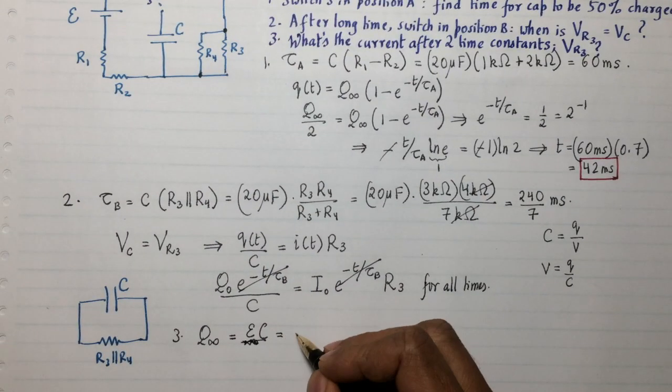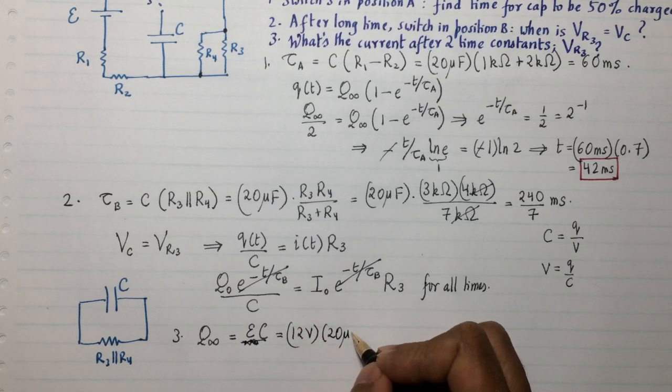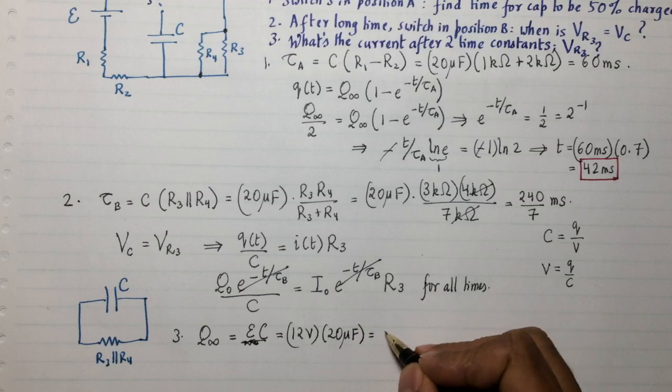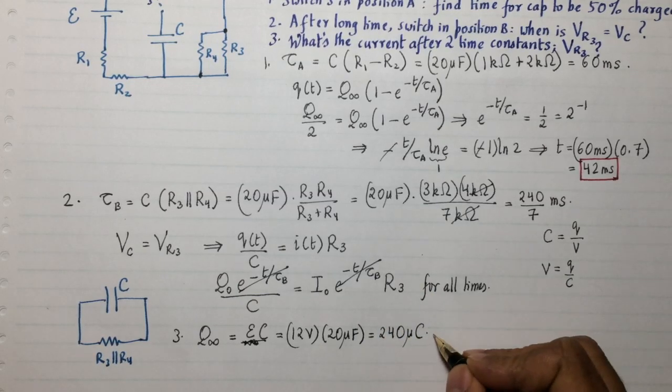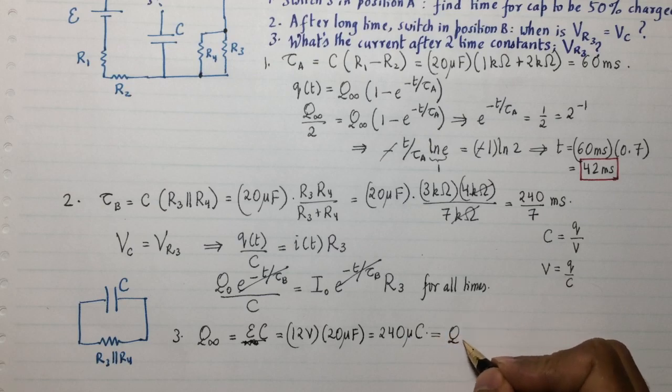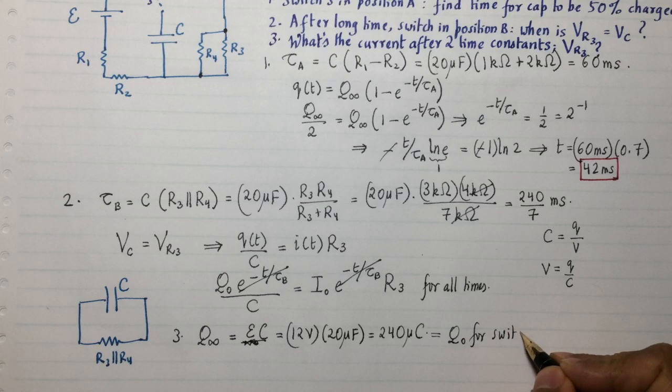So that's going to be 12 volts times 20 microfarads, or 240 microcoulombs. That's Q infinity, and that becomes Q naught for the new story for switch B.